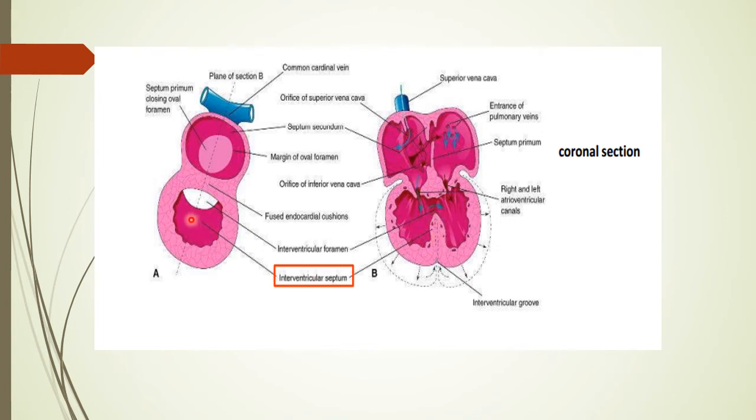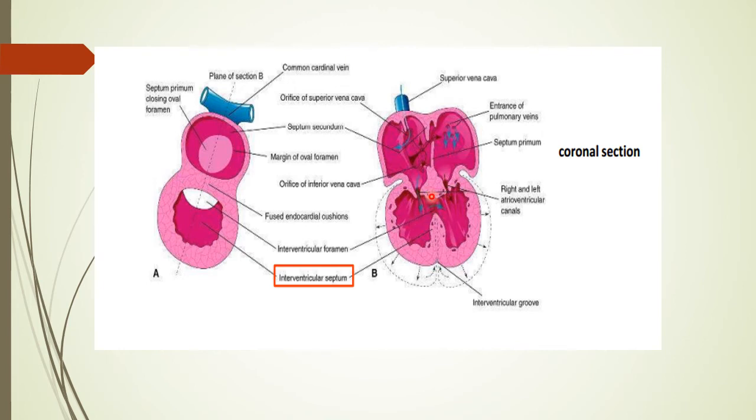This gap between the upper free edge of the septum musculaire and the fused endocardial cushions is the interventricular foramen, which is very well seen in this whitish gap, and this allows passage of blood from the right ventricle to the left ventricle in embryonic life.